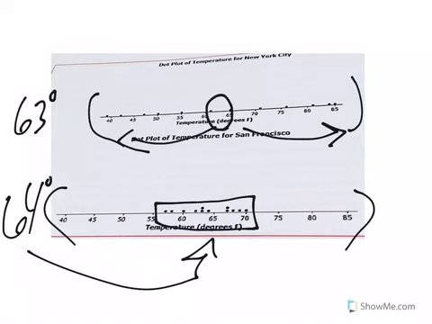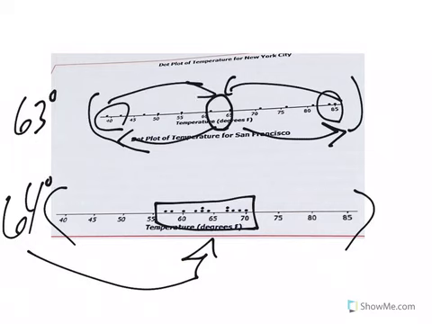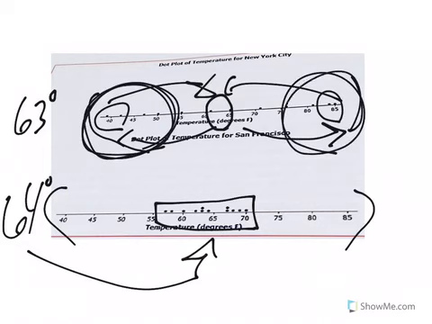Yes, the 40s and the 80s kind of meet in the middle, but if you go to San Francisco thinking it's going to be 64 degrees, chances are many months you're going to be pretty darn close. If you go to New York thinking it's going to be 63 degrees, it's only going to be 63 degrees during a few times of the year. Sometimes it may be freezing, and other times it may be really warm or really hot.